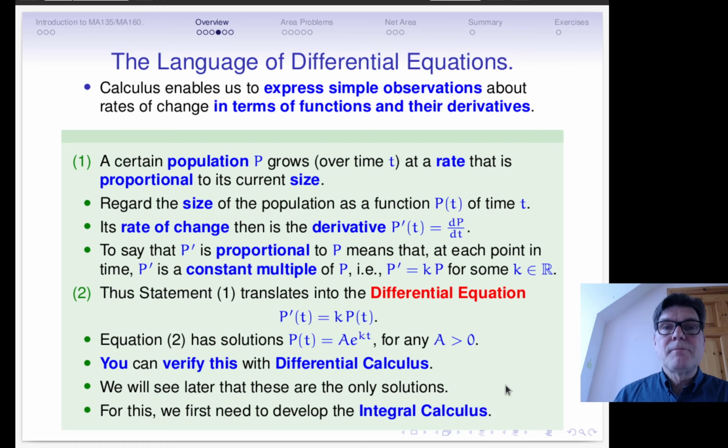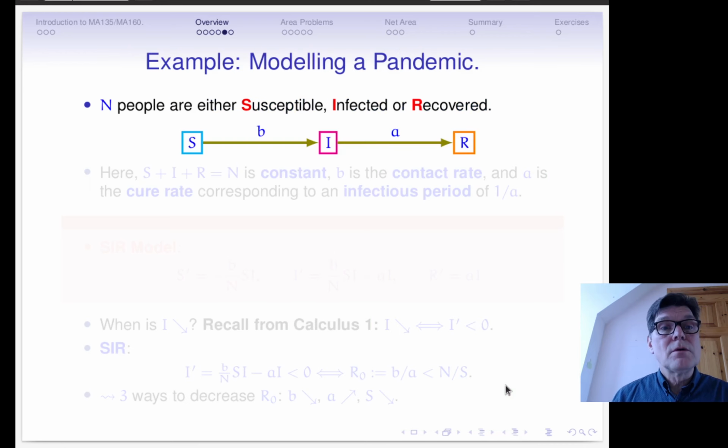But just to emphasize this point a bit more, how differential equations can be used to model real-world phenomena, let's look at the problem of modeling a pandemic.